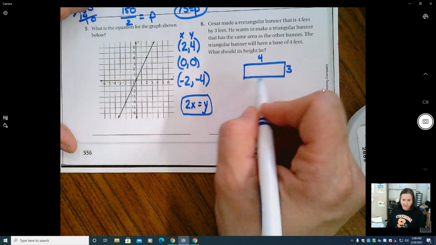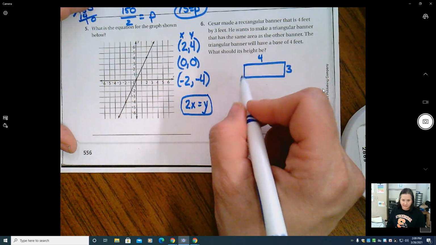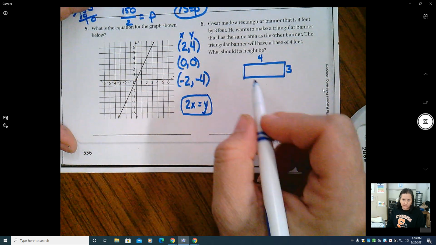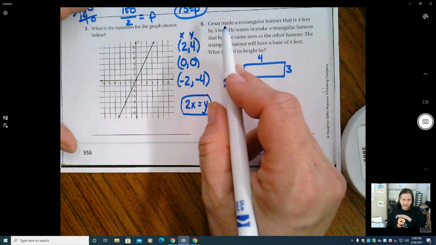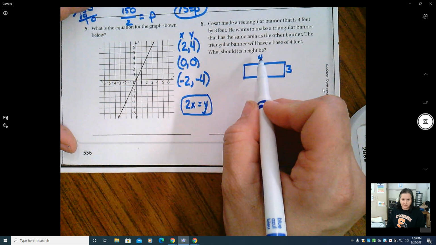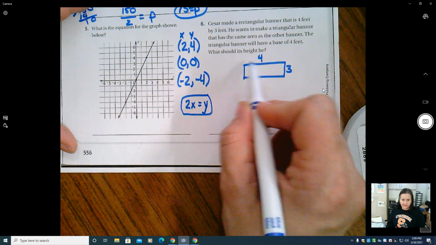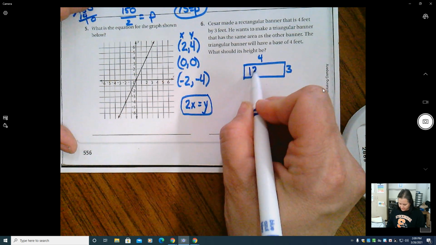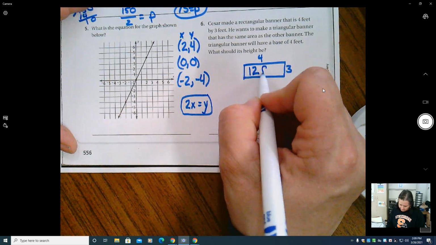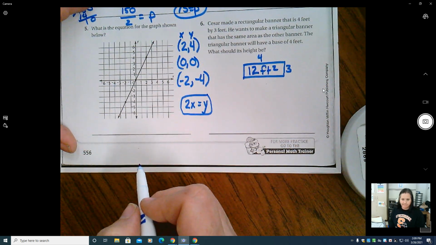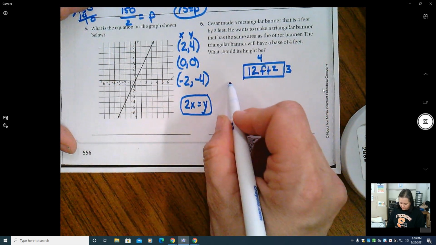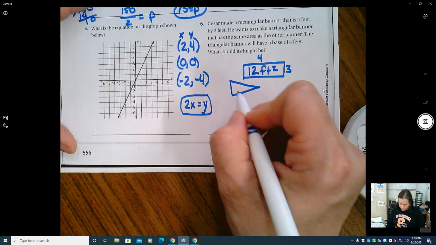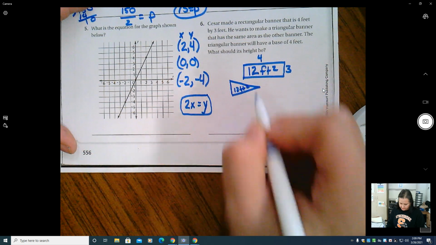First, we want to know the area in order to get the areas to be equal. The area of a rectangle is length times width, so 4 times 3. The area would be 12 feet squared. So we want a triangular banner that is also 12 feet squared.